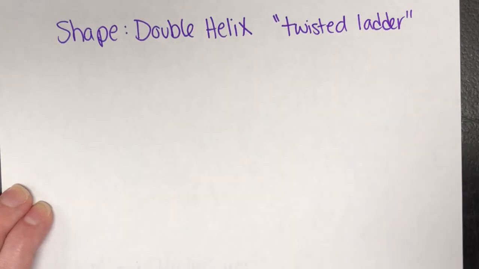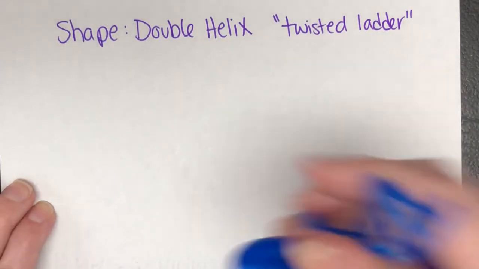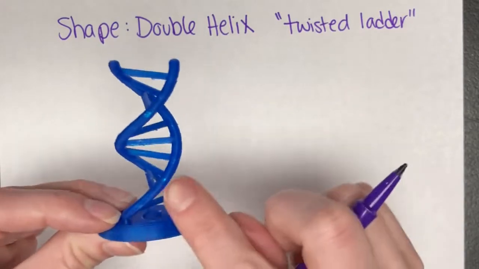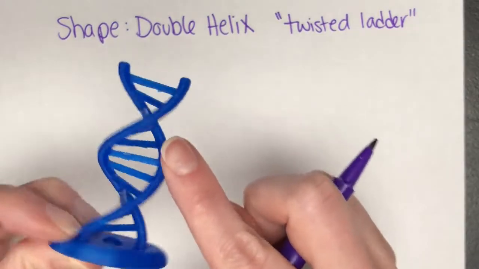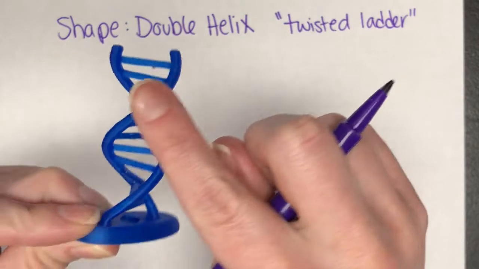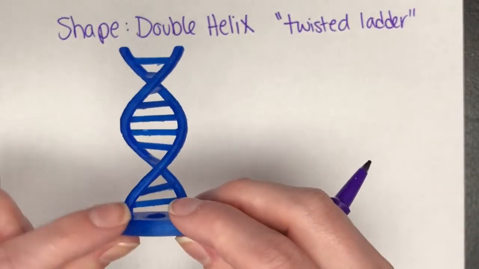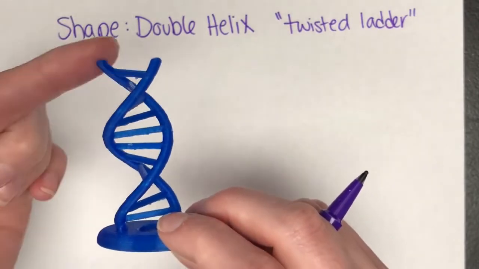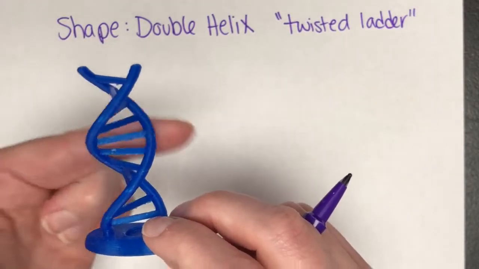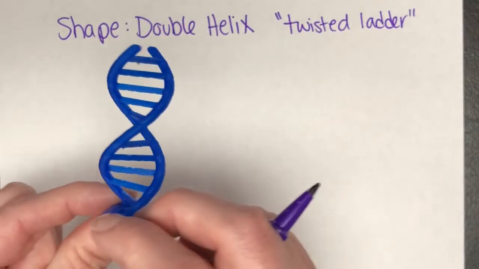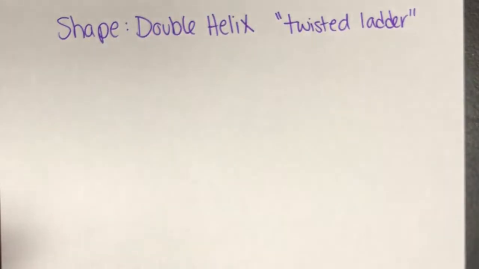This is the proper name for DNA. So here is a model of DNA. You can see this is like the sides of the ladder, okay? And these are like those rungs of the ladder in between. Sometimes we refer to these sides as the backbone of DNA. And again, you can see how it appears twisted, okay?